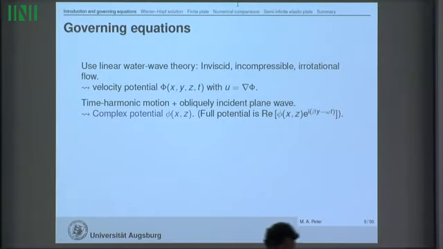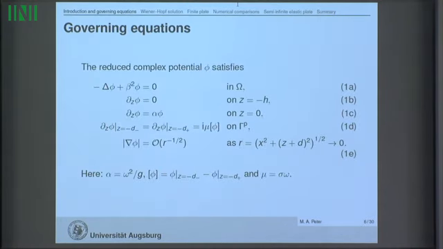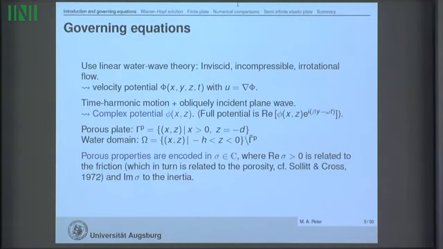Now what I haven't talked about yet, and I'll do that in a second, are my radiation conditions. But just so, what do I have on the plate? I have the porous plate, I have the water domain, and the porous properties are now in this sigma. Did I call that sigma here? Let me just double check. Okay, yeah. So what I call k rho. We'll have the mu on the next slide. So this is for the i here in front.